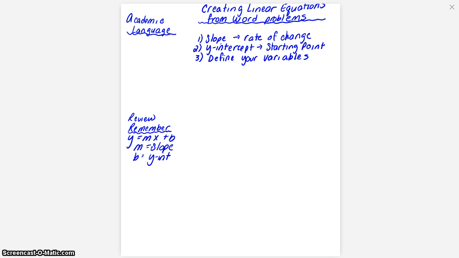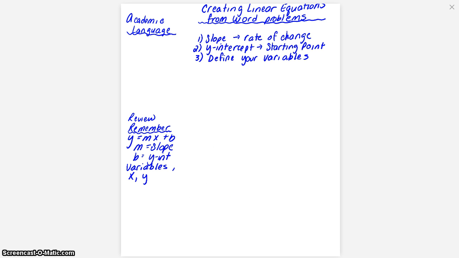But because we could have an infinite amount of x and y points, when we write our equation, x and y stay x and y. So variables are x and y. Okay?